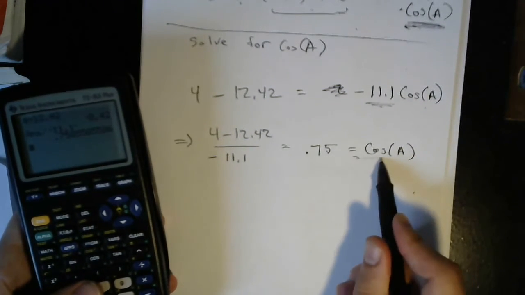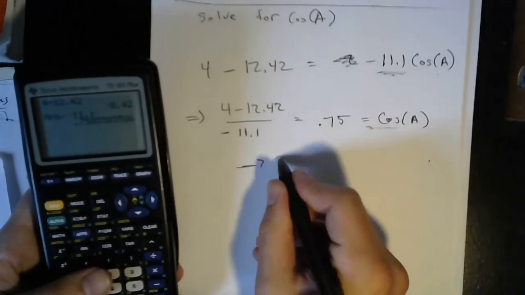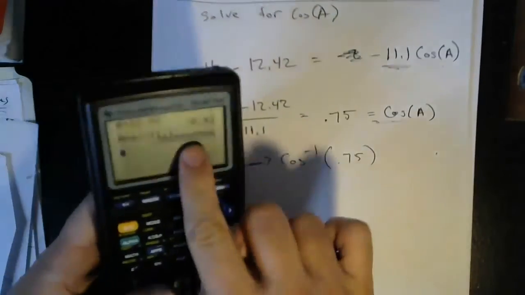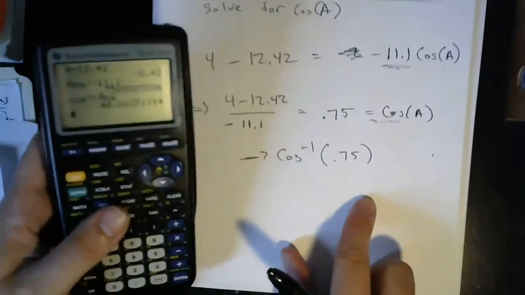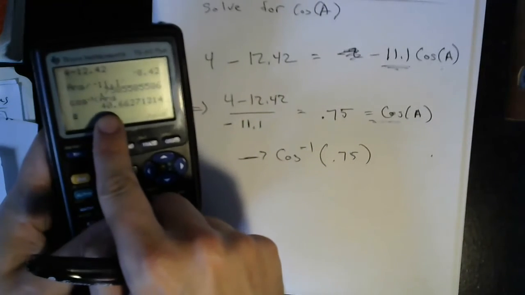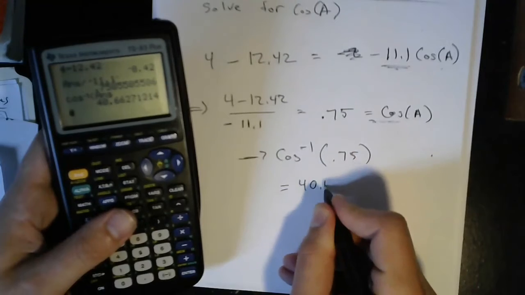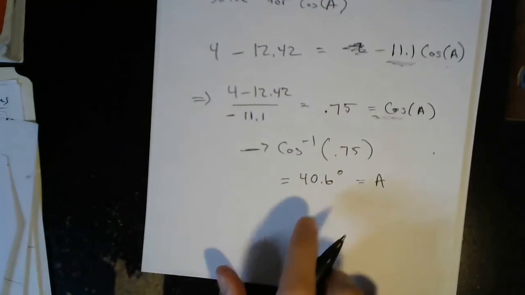So we want to remove the cosine function and apply the inverse, right? So cosine inverse, and I'm going to keep this in the memory. So I'm just going to do cosine inverse of answer. And when we do that, we get 40.6 degrees roughly.